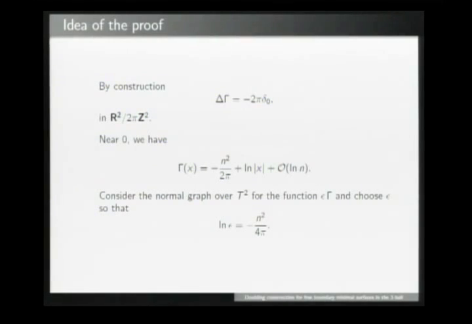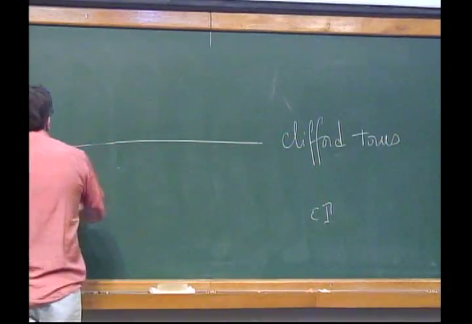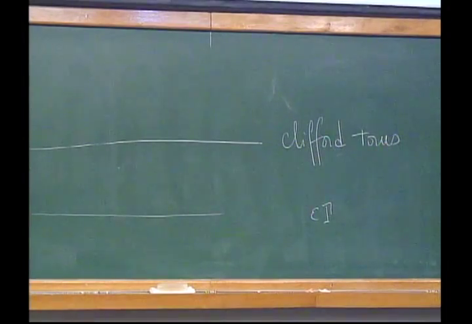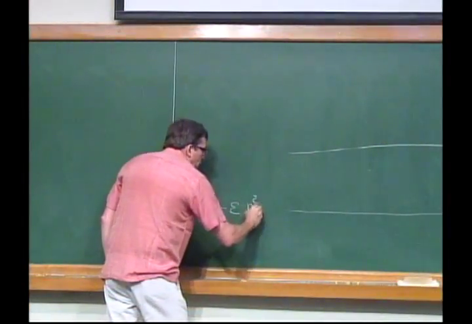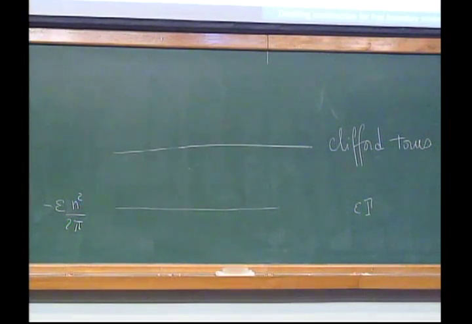And so if you look at the graph of epsilon gamma, what you have is the ground, which is minus epsilon times n squared over 2 pi. And then you have a graph over this.